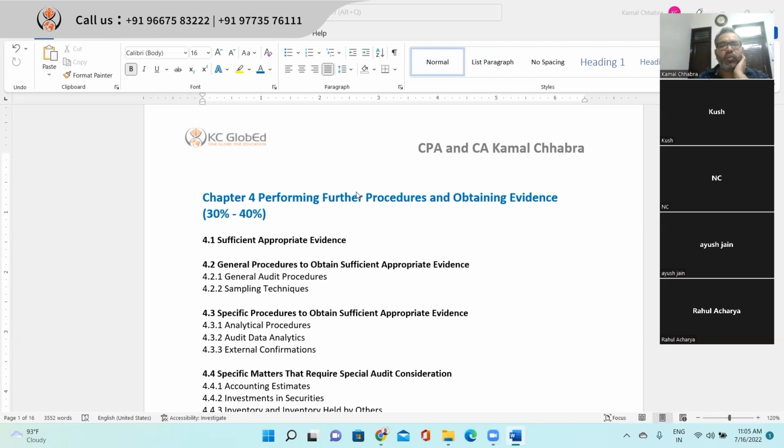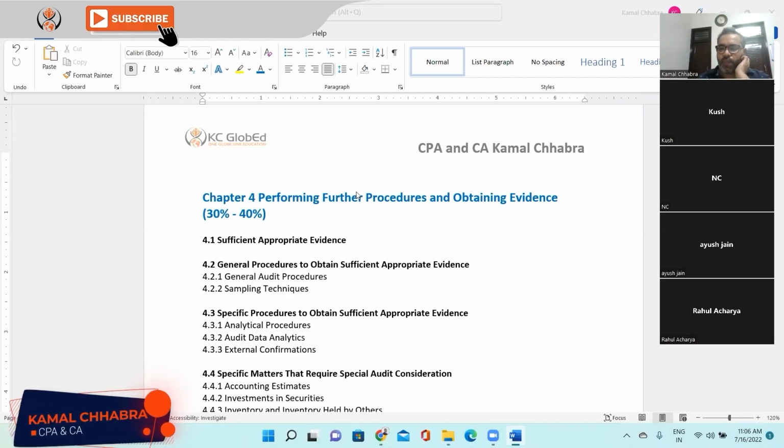For example, when you do IT general control testing or application control testing, our IT team member will observe the respective transaction, how it is initiated, recorded, processed, and reported in the respective accounts and everything, right? Yes.